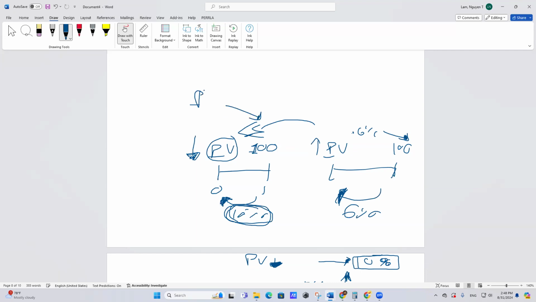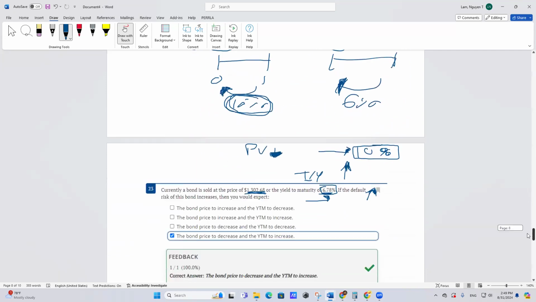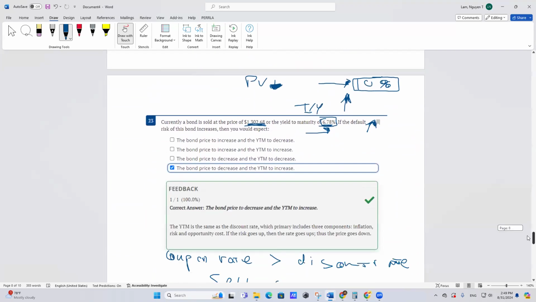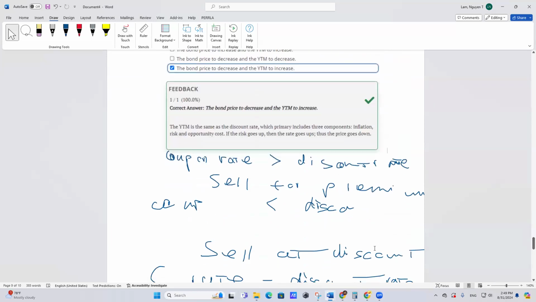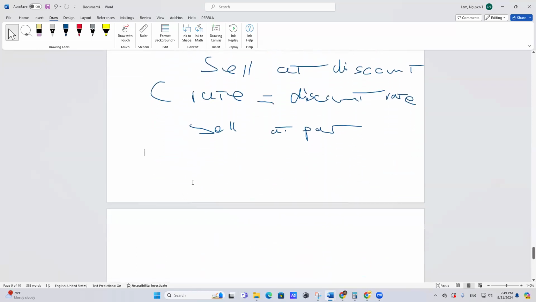The present value when you multiply with the 10% doesn't have to be as much as this one to get to 100. Hopefully it helped. However, one thing to notice is there's an inverse relationship between prices and yield to maturity.